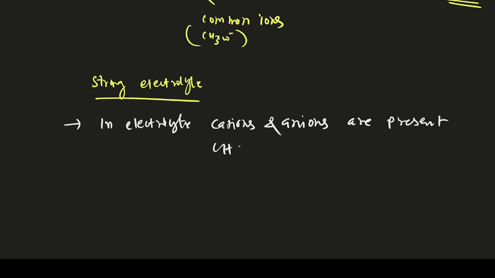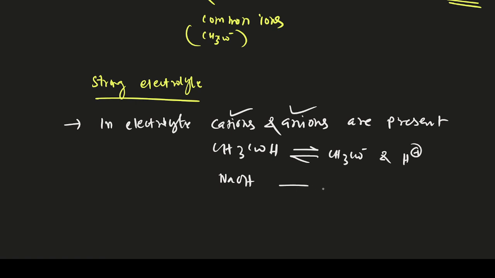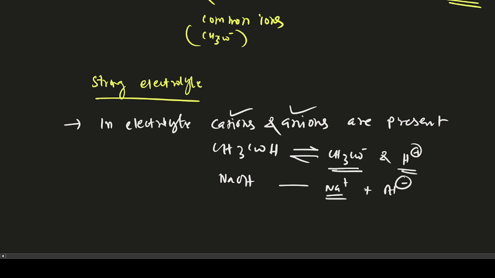Like CH3COOH or NaOH, a strong electrolyte. Any electrolyte has two parts, one is the anion and another is the cation. Here the two parts are CH3COO minus and H plus. Here also two parts are there, Na plus and OH minus. So any electrolyte has two parts.